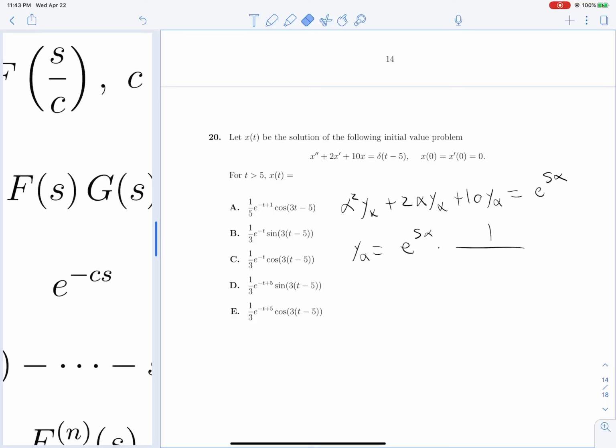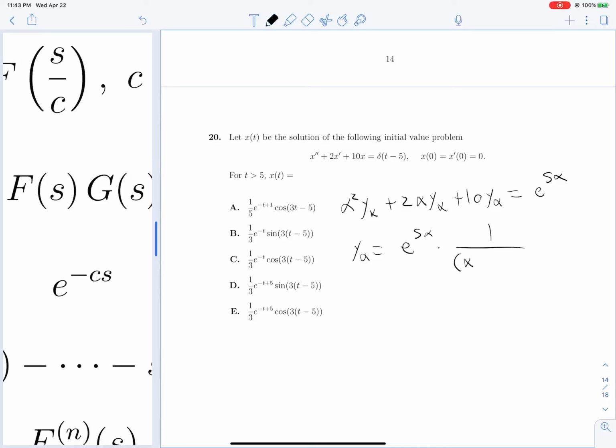So I'll be clear, we have alpha squared plus 2 alpha plus 10 over here when we divide out all of the things on Y of alpha, but we can write this in a much nicer way, and there's a hint that we don't have to do any partial fractions from the fact that all of our options for solutions only have one component.